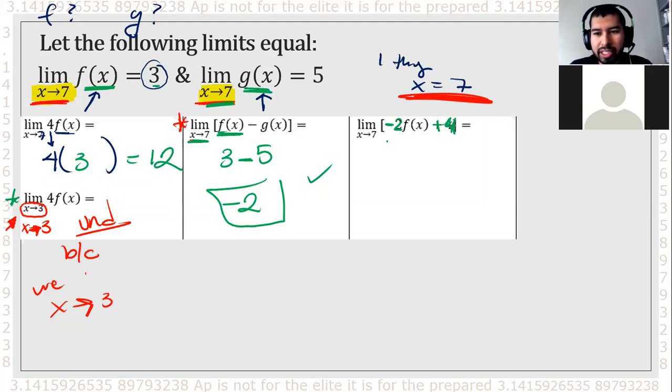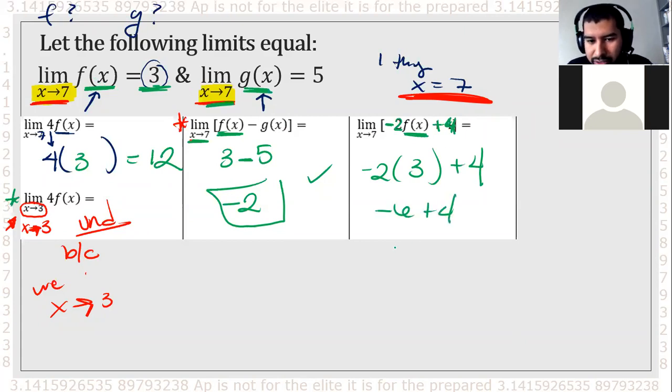Give you a couple more seconds. So it's pretty much just asking -2 times whatever f is, right? Which according to this is 3 plus 4. So it's -6 plus 4, which gives me a -2 also.